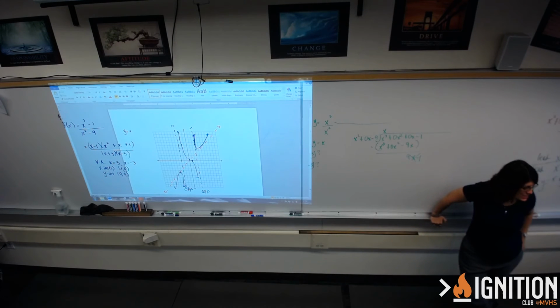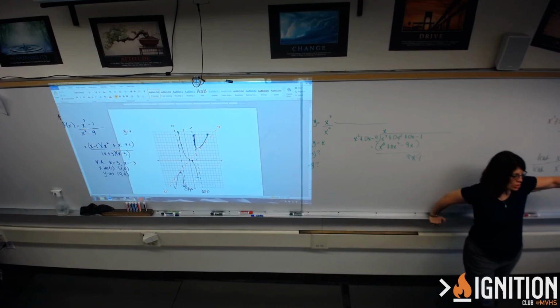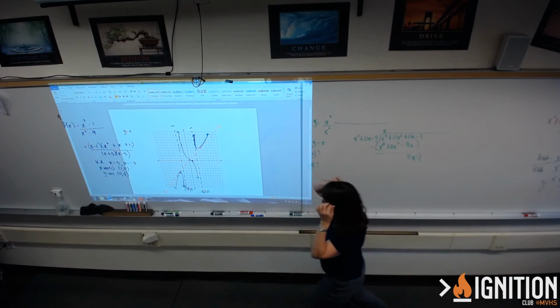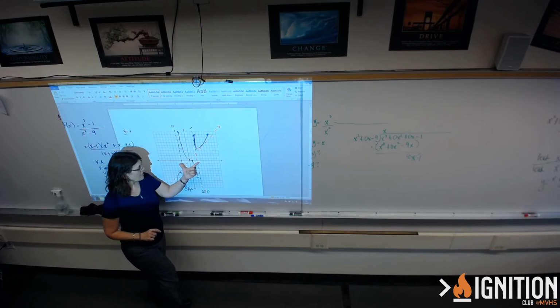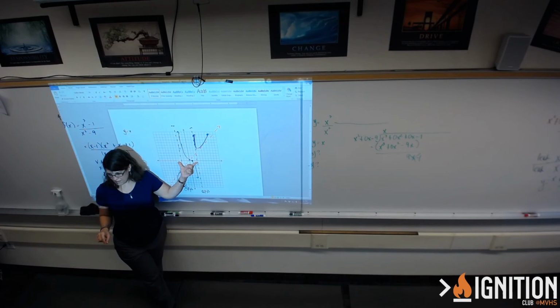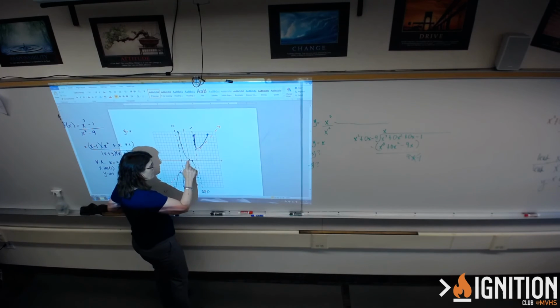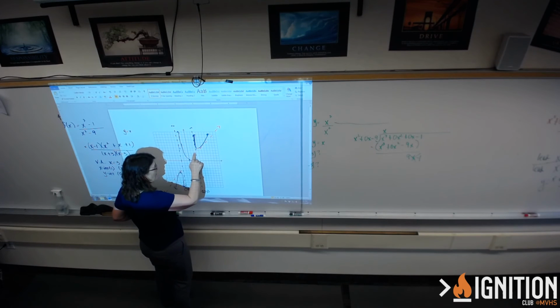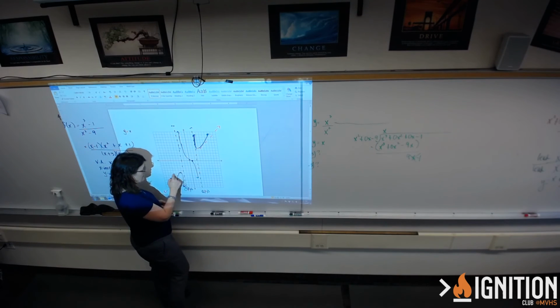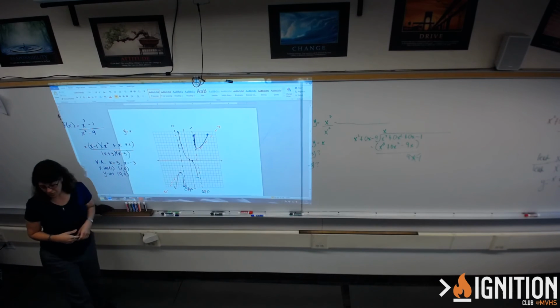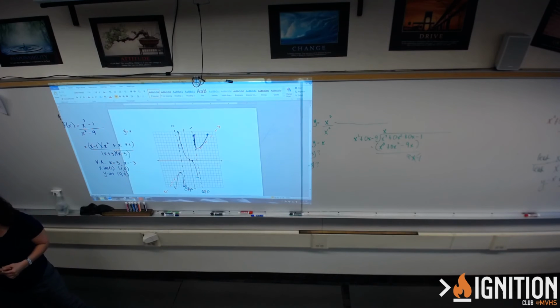Okay. End behavior. That describes what's happening as x gets huge, like infinity, or negative infinity. So, I hate to break it to you, but 3 and negative 3 are not infinity. 3 and negative 3 are measurable values, yes? So if you draw the oblique, horizontal, or end behavior through the vertical asymptotes, we're not going to get full credit.